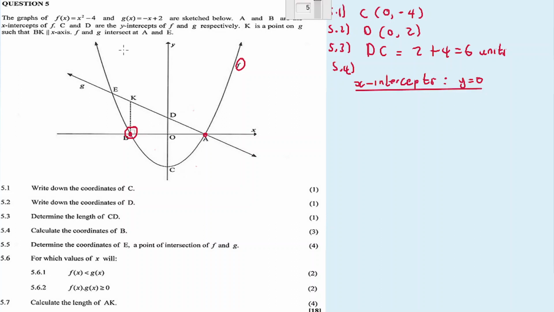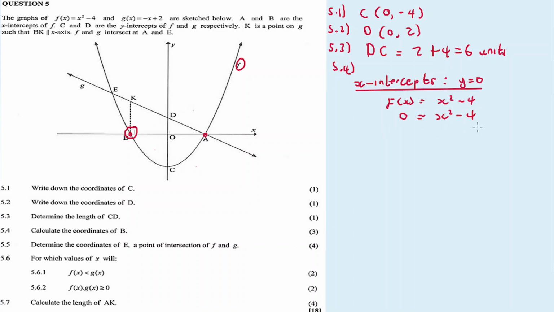So f of x is equal to x squared minus 4, where I put y equal to 0: x squared minus 4 equals 0. Then we solve for x so that I can find the coordinates of B. There are two ways to approach this quadratic equation.